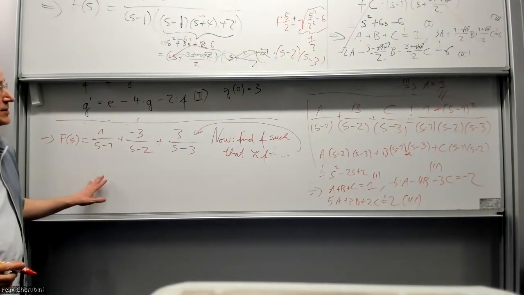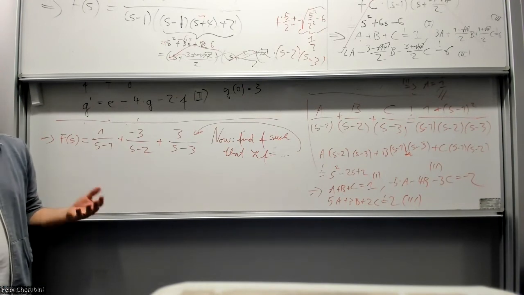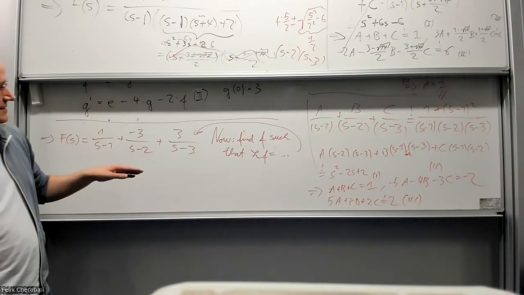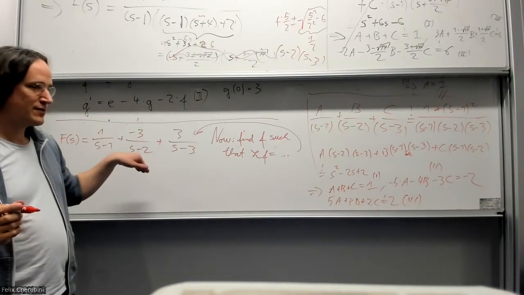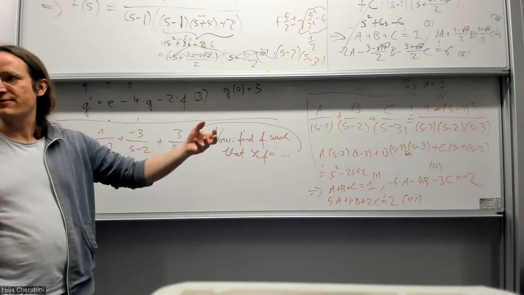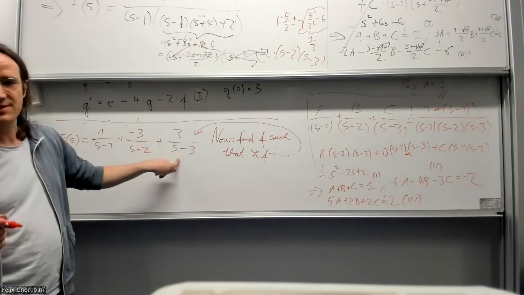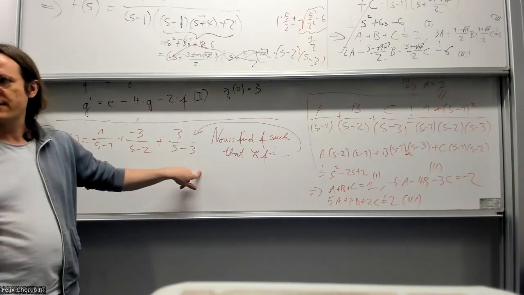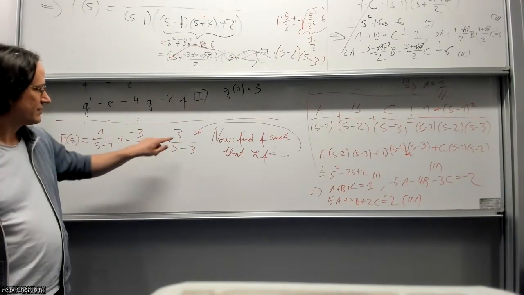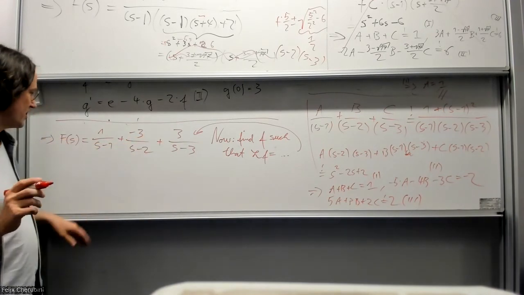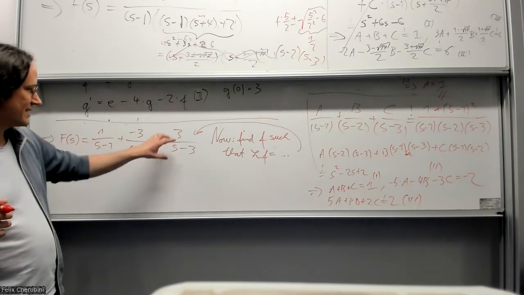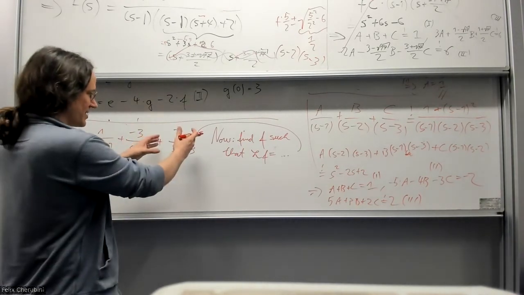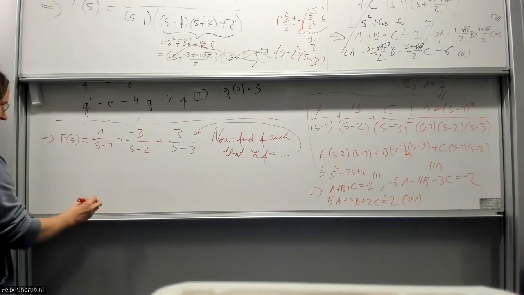Okay, and how can we do it? Now we have to use the reminder from the exercise text, which tells us that the Laplace transform of e to the alpha t is something which looks like this. So it's actually 1 over s minus alpha. But no worries, the 3 is not important because the Laplace transform is linear, so we can just look at only the summands in a linear combination.